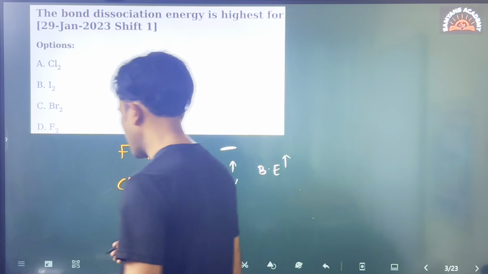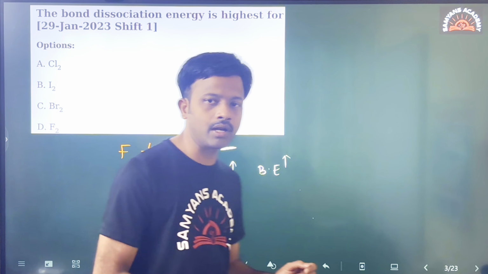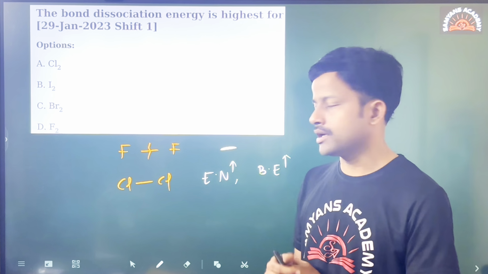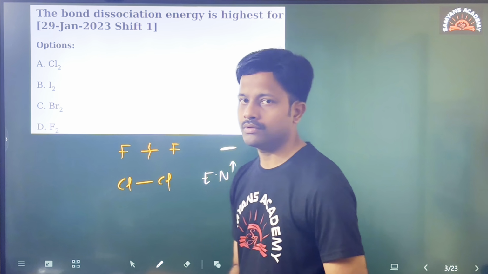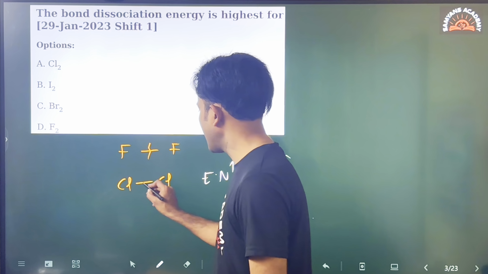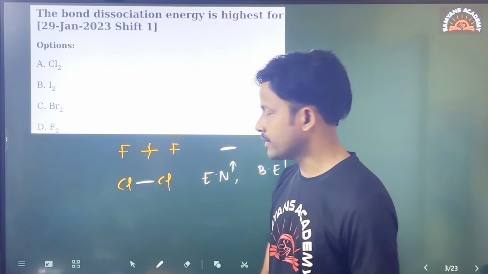Among all the periodic elements, fluorine has more electronegativity compared to all other elements. Because of this, fluorine should have more bond dissociation energy than chlorine, but it's not correct. Here chlorine has more bond dissociation energy compared to fluorine. Why?